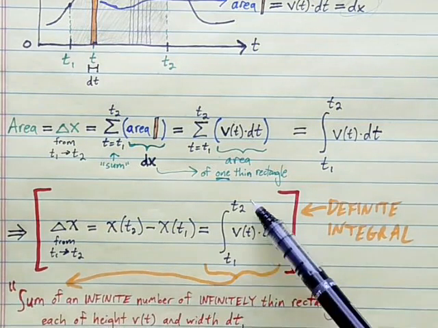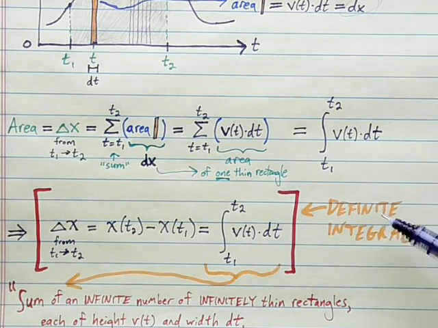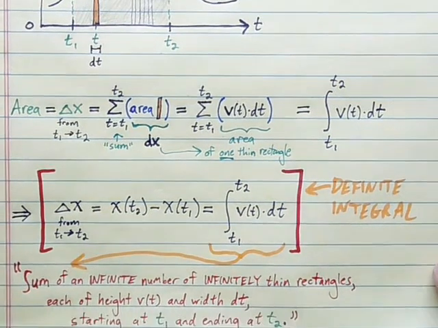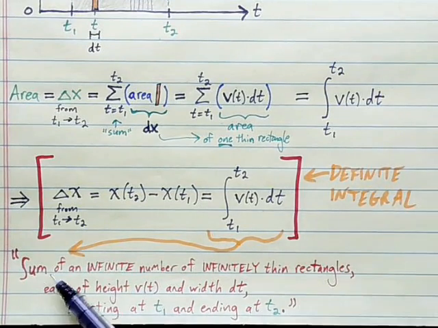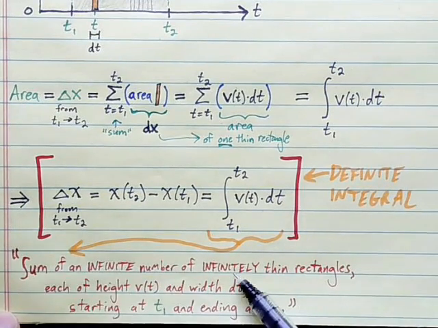And this is what we call the definite integral, this construct right here. Once again, in words, what this expression means is the sum of an infinite number of infinitely thin rectangles, each of height v of t and of width dt, starting at t1 and ending at t2.